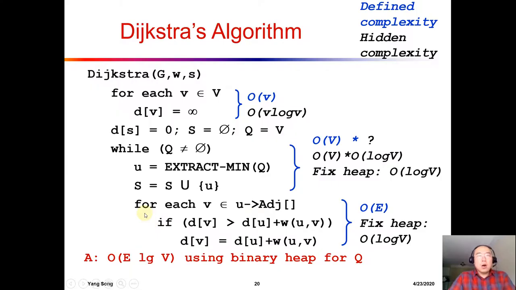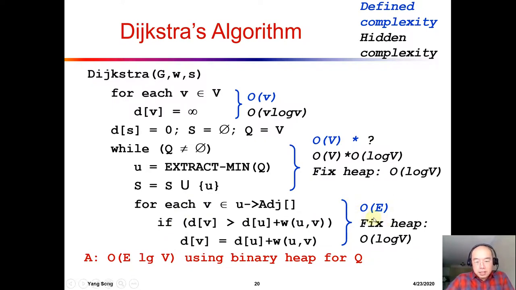However, we are only visiting each edge once. That's a big difference, right? For the BF algorithm, we visit each edge V minus 1 times. However, in Dijkstra's algorithm, we only visit each edge once. So that is O(E) because we are visiting all the edges.